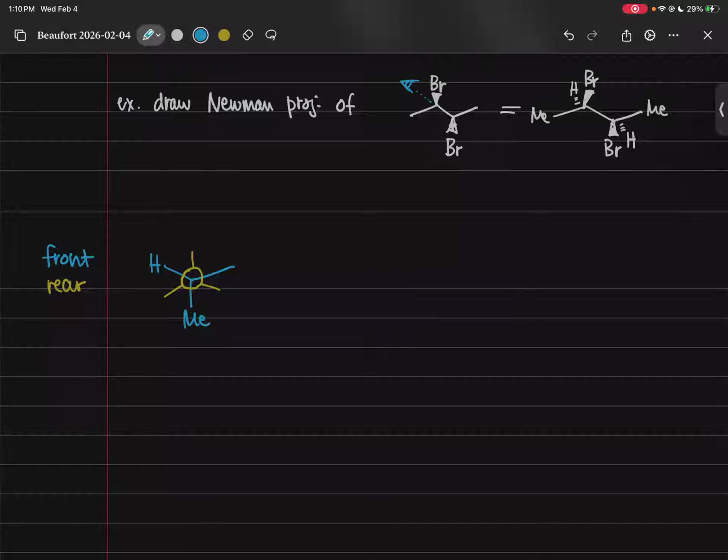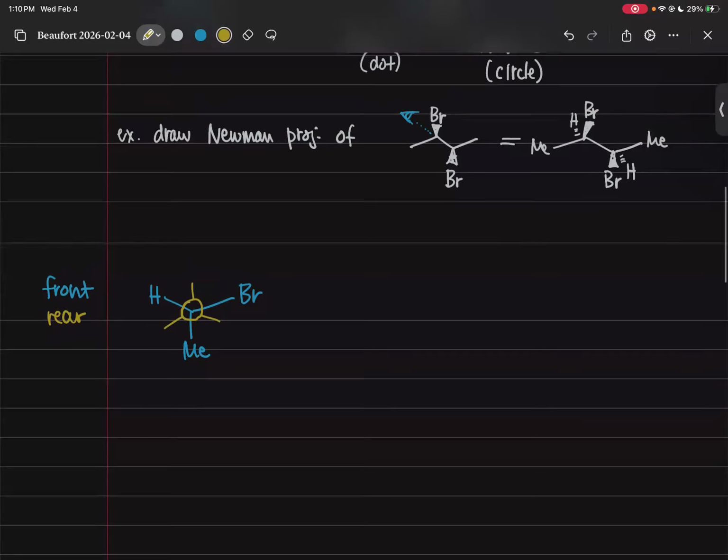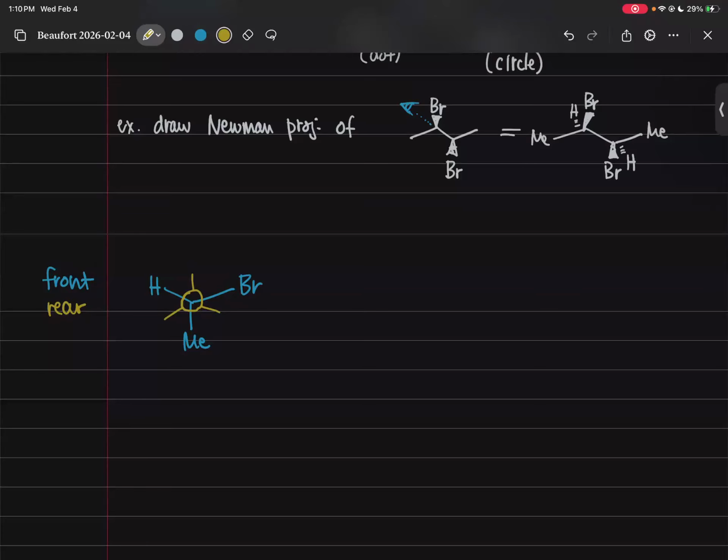Going up and to the right on the front carbon is a bromine. So there's the front. On the back, going straight up is a methyl group. Going down and to the left is a hydrogen. And going down and to the right is the other bromine.